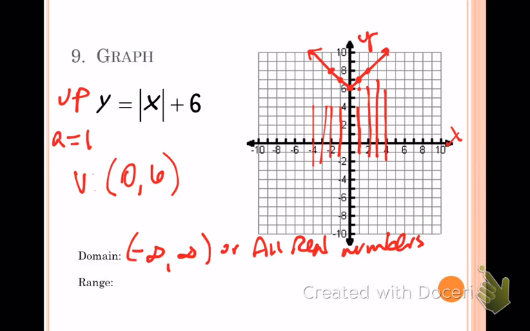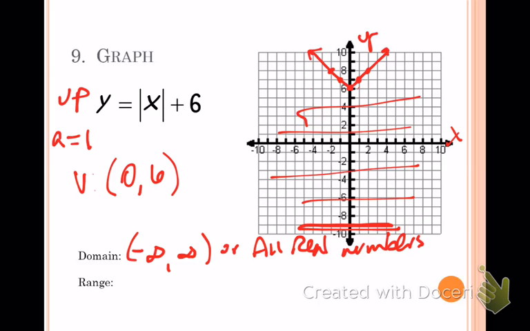Okay? Now, same idea for the range values. Which grid lines corresponding to the values of y is this v going to hit? So, for example, is the v going to hit the grid line that corresponds to y being -9? No, it's not. The v starts at 6 and goes up, so it's not going to touch down here, or here, or here, or here, or here.